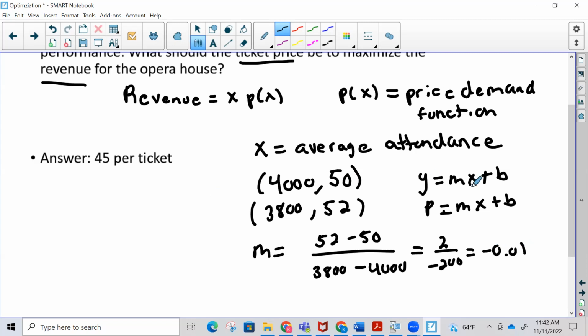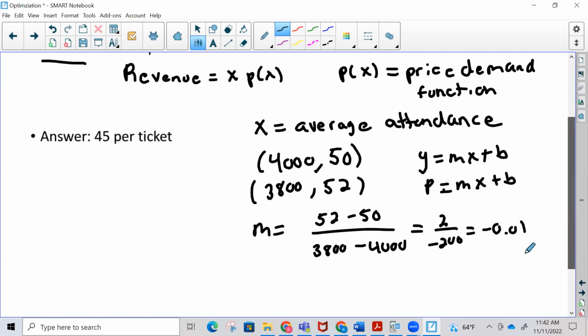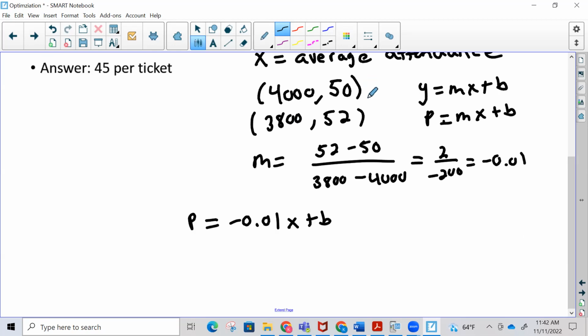Either one is fine. Then we have to find our B. You may use point slope or y-intercept form. I'll just do y-intercept. So we have P equals the slope, -0.01x plus B. I need to find B, so I'm going to plug in one of these points. We'll just do 4,000 and 50, it doesn't matter.